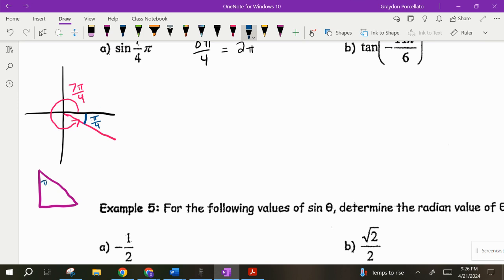So if this is pi over 4, this is pi over 4, this is 1, 1, root 2. Knowing that allows me to put in my side lengths. So I know that this side here is 1, this side here is also 1, and this is root 2.